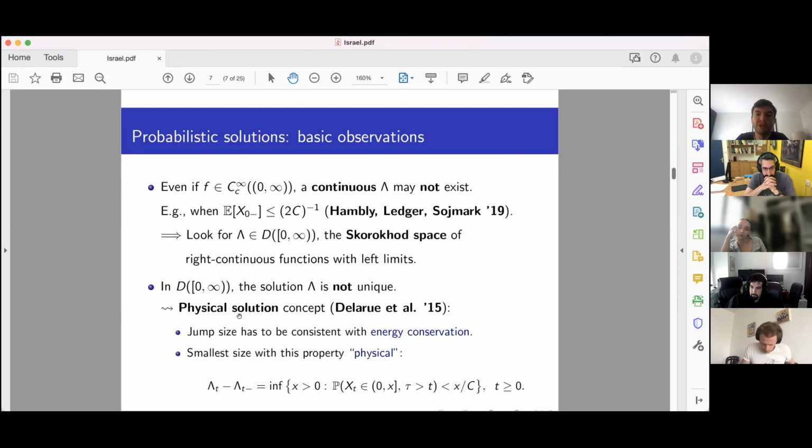This leads to a concept of solution which we refer to as physical. That term goes back to the papers by Delarue. It says that we will be looking for a solution in the Skorohod space D which has the smallest possible discontinuities. You have this lengthy formula at the bottom of the slide, but once you absorb it, it tells you that among all solutions that satisfy the fixed point condition, whenever we jump, we choose the smallest possible jump consistent with that condition.